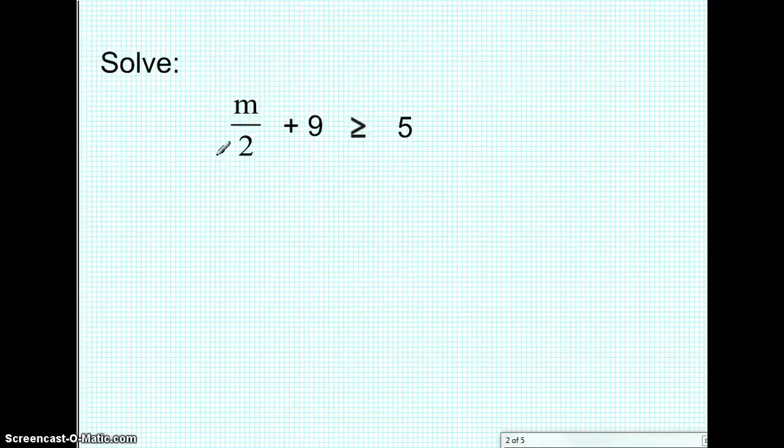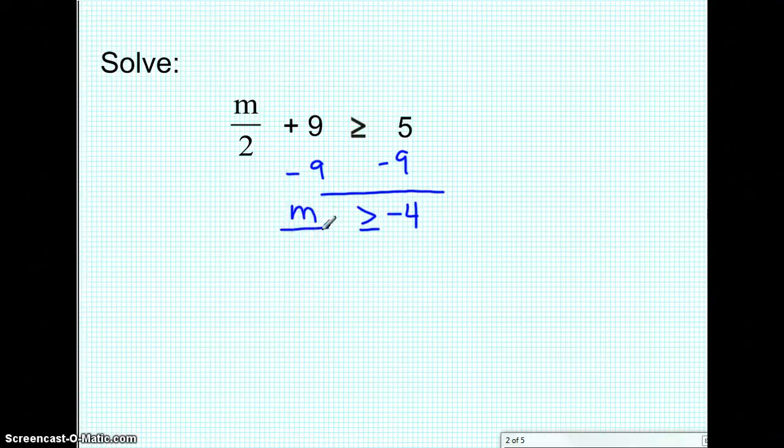Okay, on my next one, I have some division, but it's still a two-step inequality. So my first thing I'm going to do is take the 9 off of this side, and whatever I do on one side, remember, I have to do on the other side. So now I'm going to have 5 minus 9, which is going to give me negative 4. Copy my sign because I haven't divided by a negative number, I've just subtracted. And the 9's are gone, and now I have m over 2, or m divided by 2.